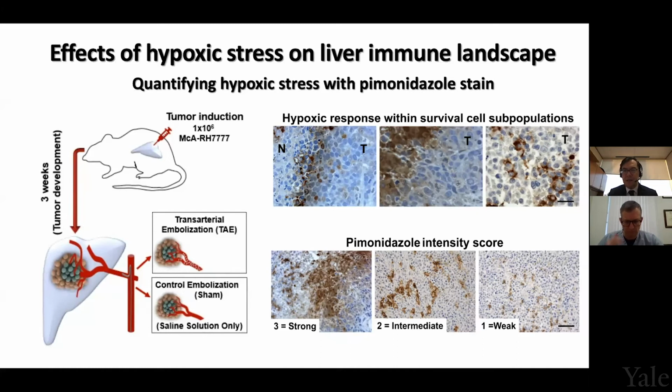The key is that the cells have to be perfused in order for the stain to bind to the cells. I mean, the stain cannot get to the cells if the cells are not being actively perfused. That's an important concept, especially in the context of embolization. And obviously, if the tumor is necrotic, the cells are dead, and then we're not going to have any true binding.